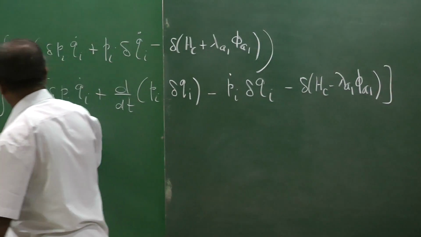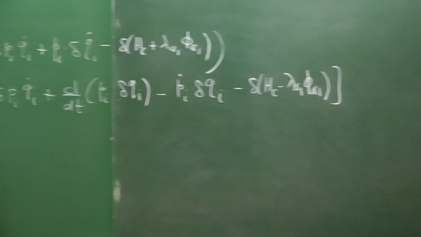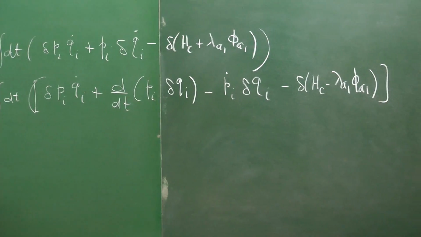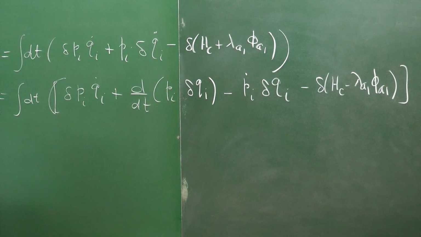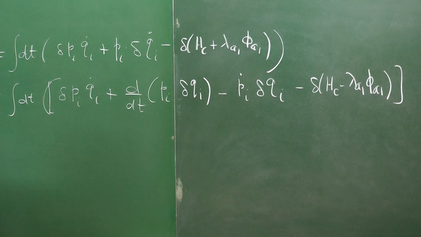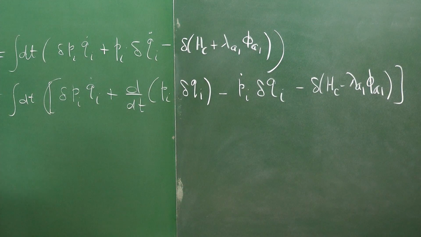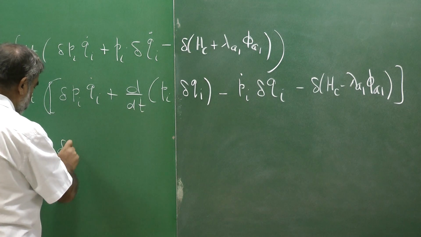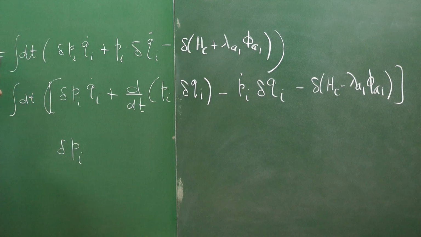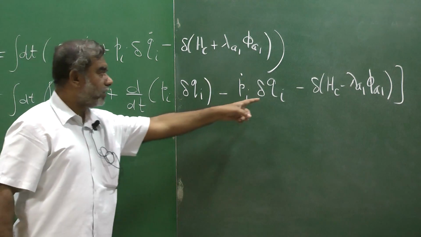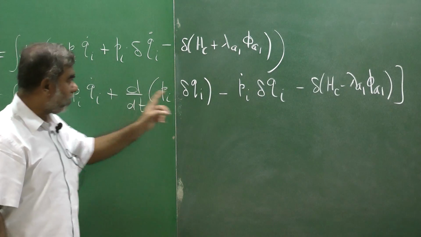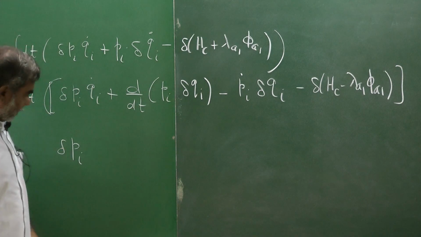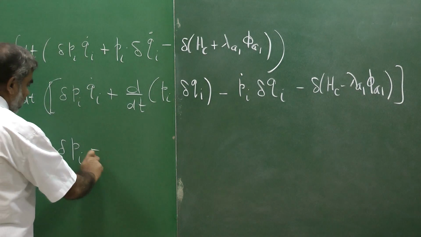And this is the way you write it, and then you have to remember that these are the phase space variables, you see, these are the phase space variables. The variation has now just come on the phase space variables, and this is what?